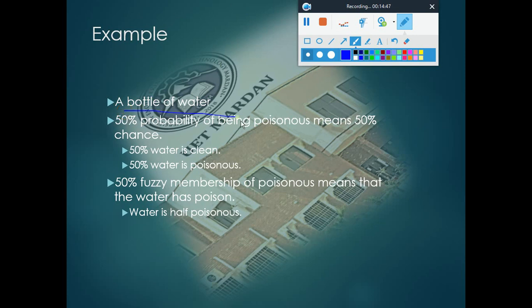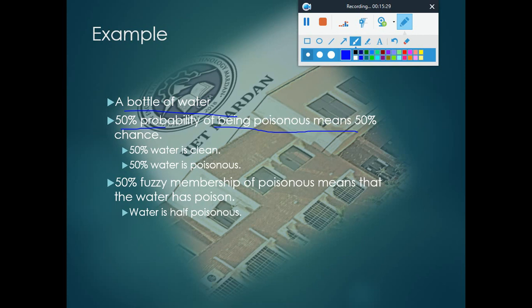For example, a bottle consists of water. If we say there is a 50% probability that the water is poisonous, it means there is a half chance that the water may be poisonous or may not be poisonous. One will be true: either it will be poisonous or it will not be poisonous.